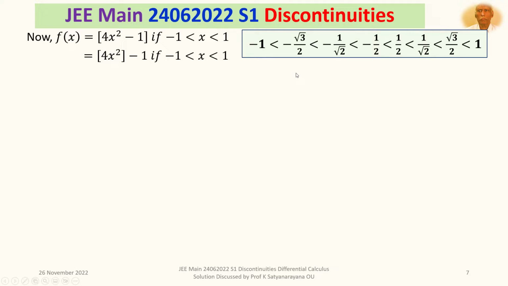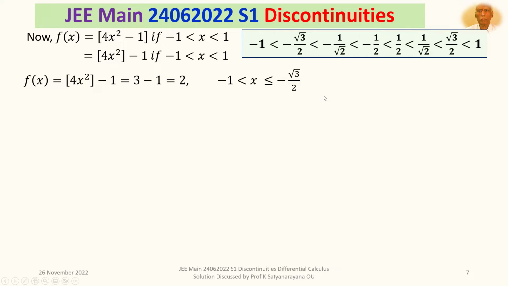Now f(x) = [4x²] - 1 will be 3 - 1, that will be 2, in this interval -1 to -√3/2. So in that the greatest integer, that is [4x²], is 3, which we have already seen.